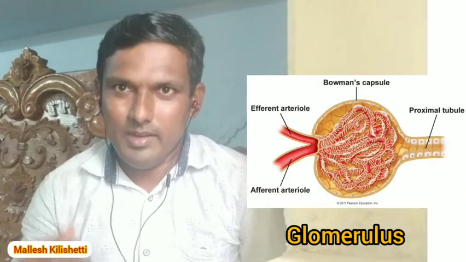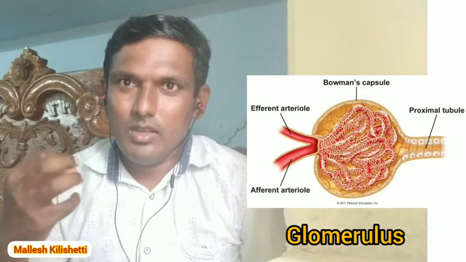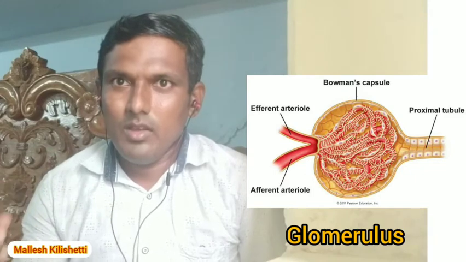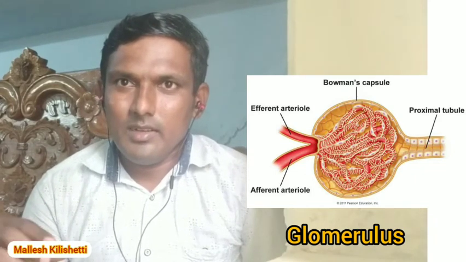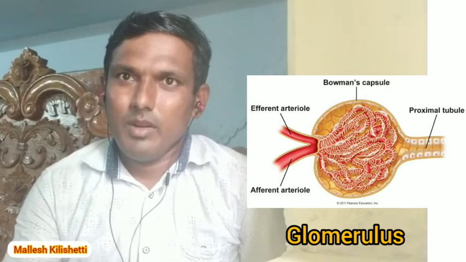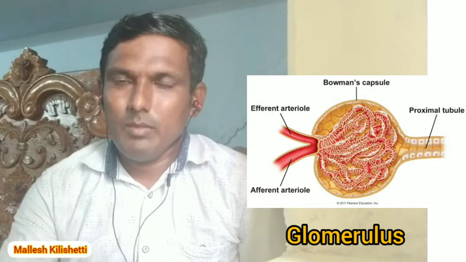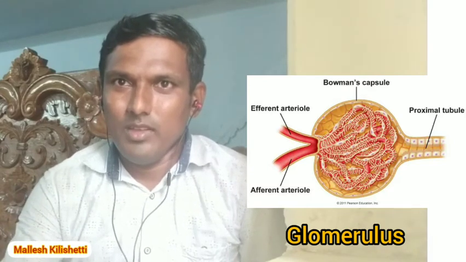The filtered material enters the PCT. This filtrate is called primary urine. This process takes place in the Malpighian body.